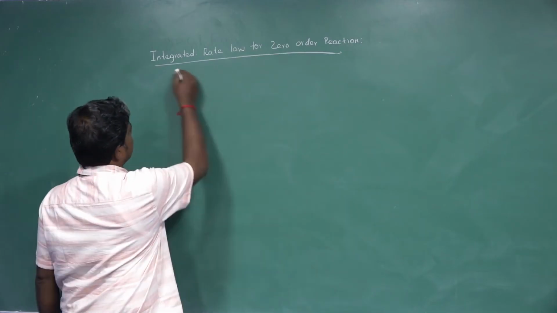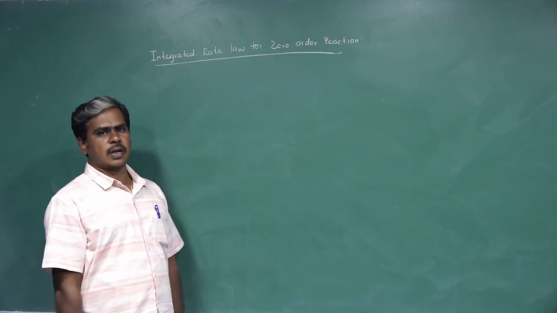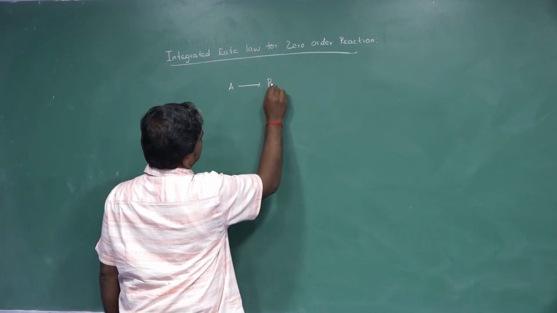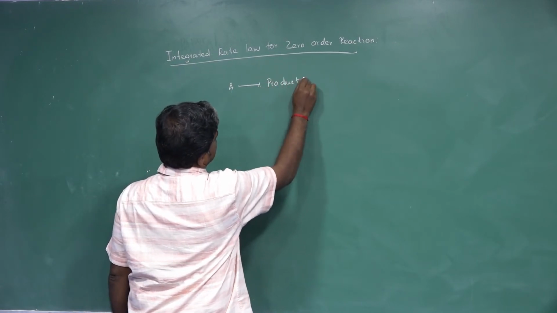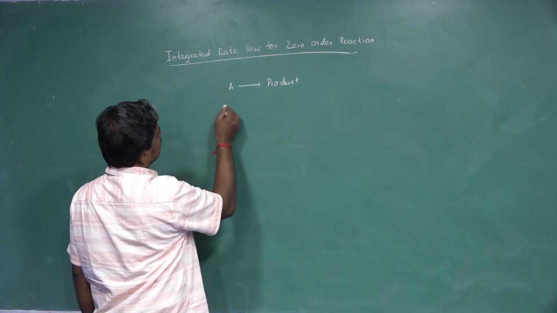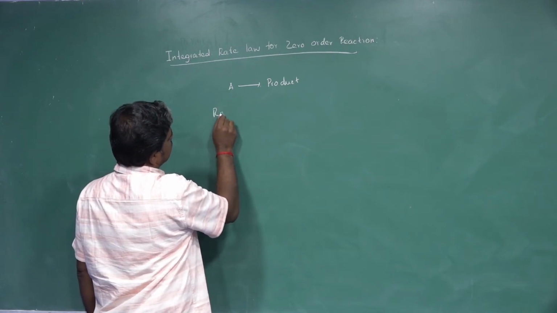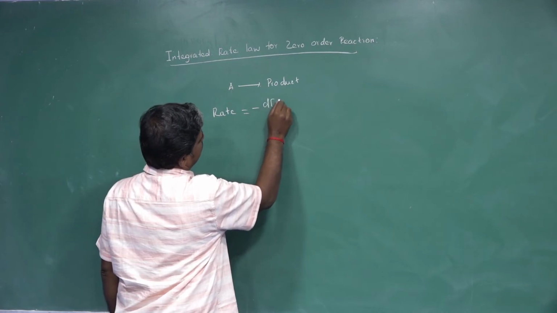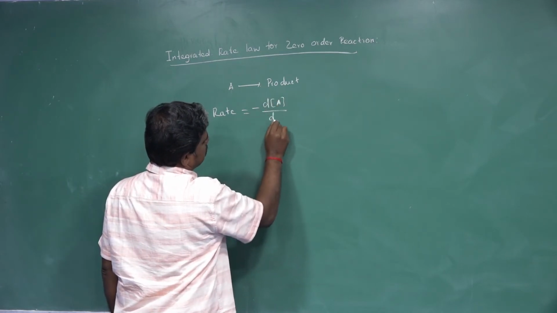Now we take the integrated rate law for a zero order reaction. Here A gives product. Rate is nothing but the decrease in concentration of A with respect to time.